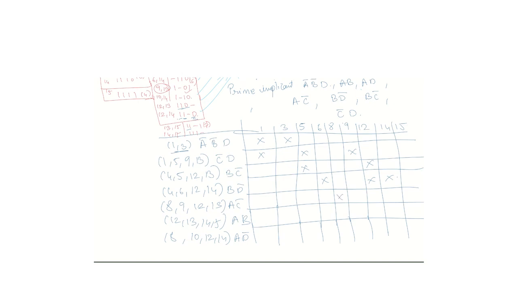So 8, 9, 12, 13, and this 8, 10, 12, 14 would be 8, 10 is don't care, 12, 14, and yeah, 12, 13, 14, 15 is the last one.